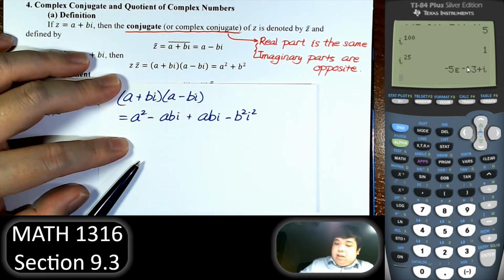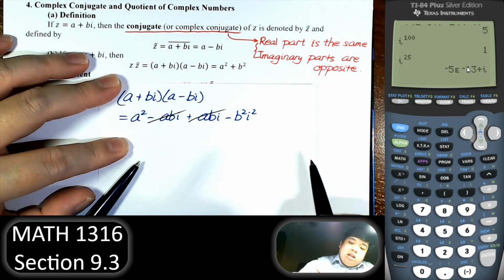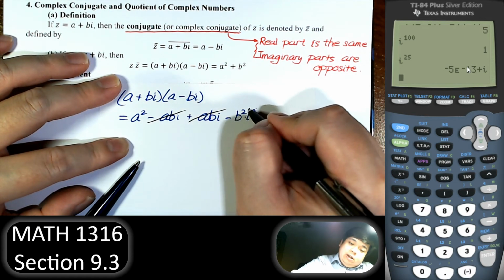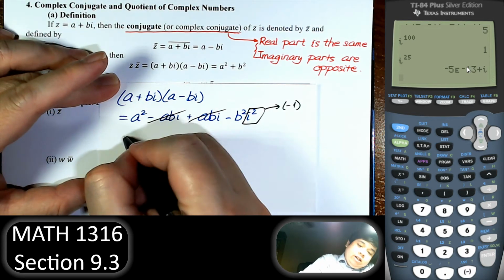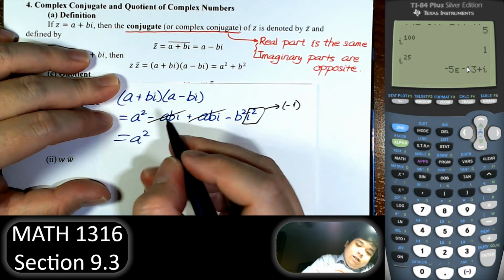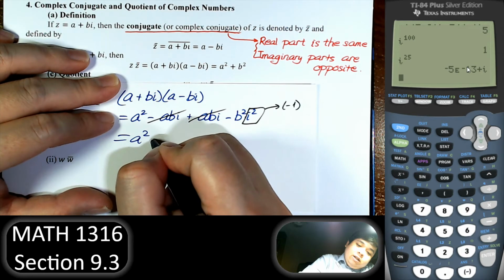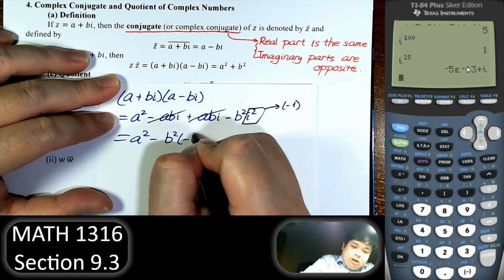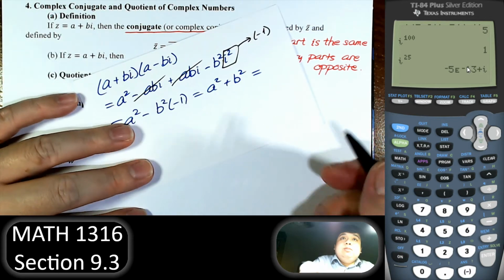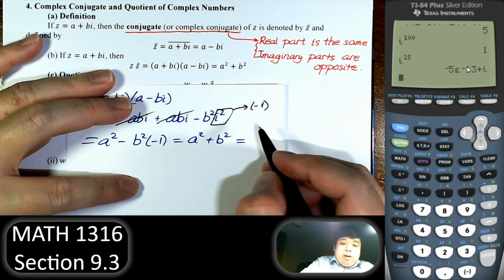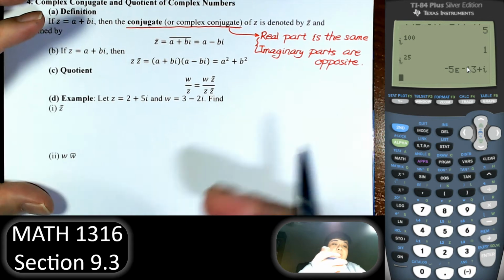The middle terms cancel out when we combine like terms, and i squared is negative 1. So we have a squared minus b squared times negative 1, so a squared plus b squared.